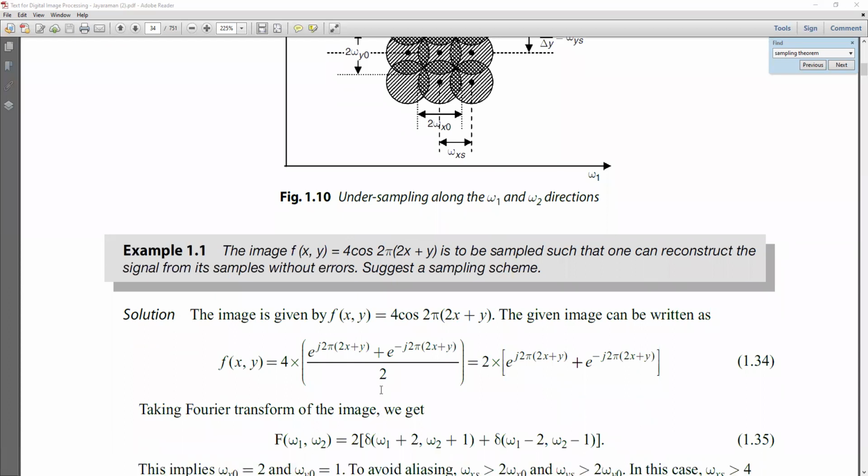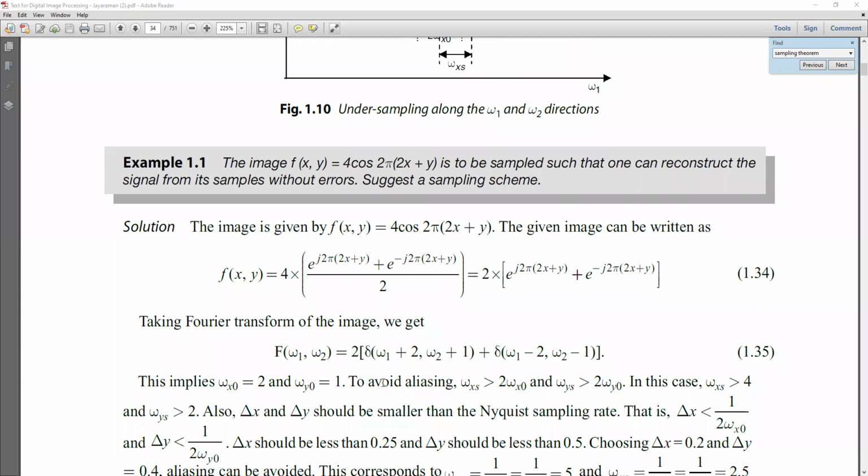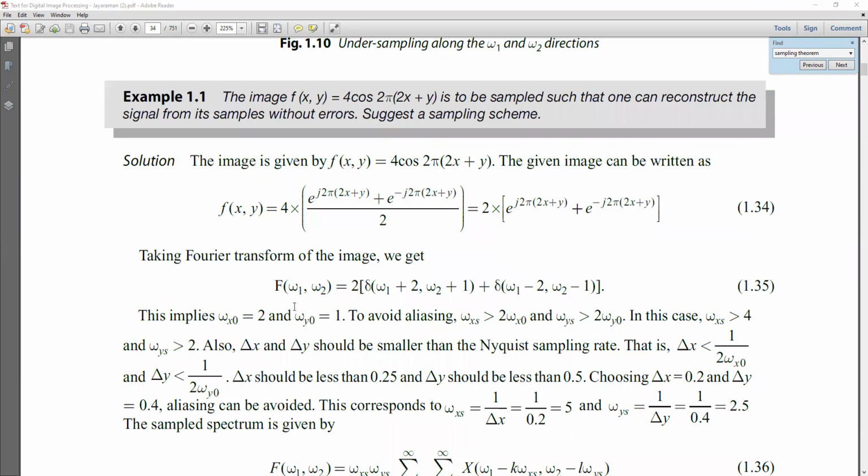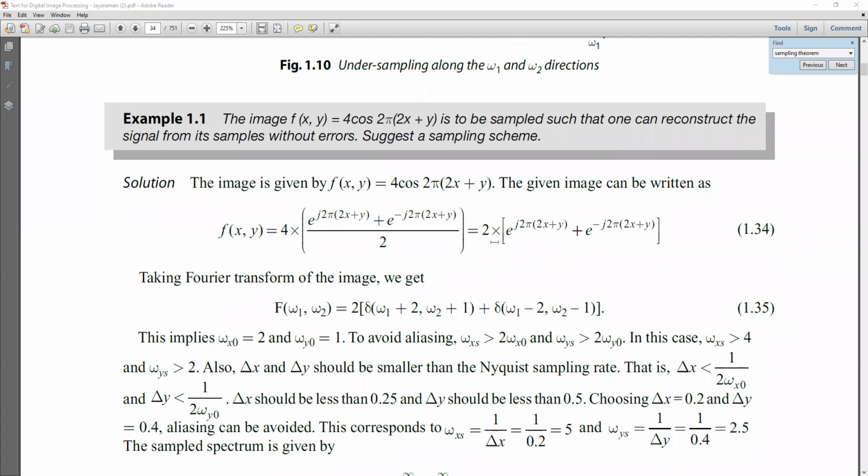So find out f of x comma y. Expand this. Find out f of omega 1 comma omega 2. You have to find the values and plot it in the 2D space.